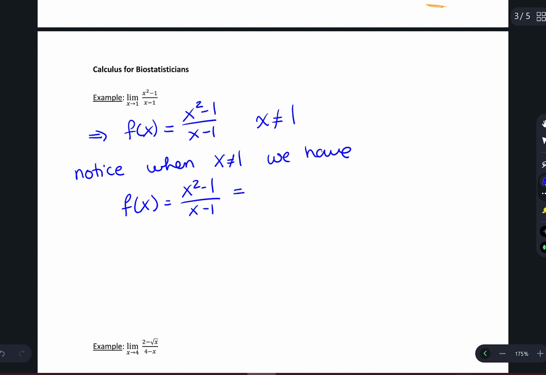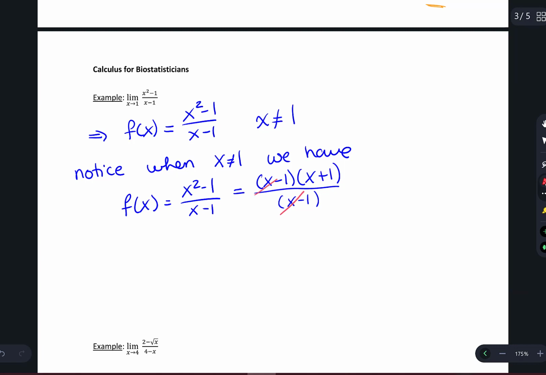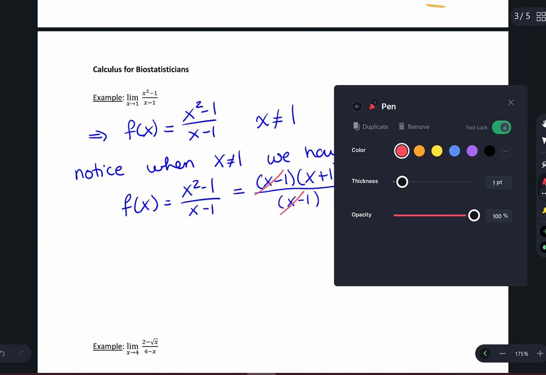And what I'm going to do is use some factoring to help me here. Notice that the numerator can be factored into x minus 1 and x plus 1. And if I do this, I'm going to end up with some cancellation. Notice that this x minus 1 and this x minus 1 cancel one another.